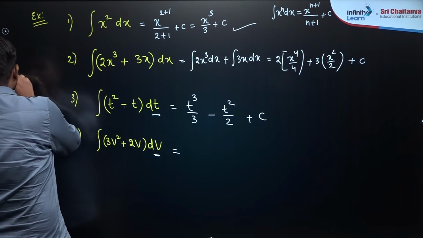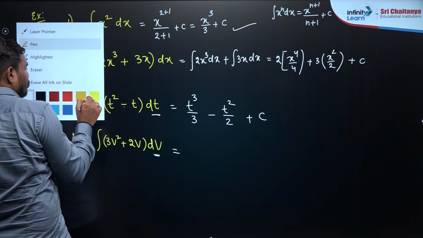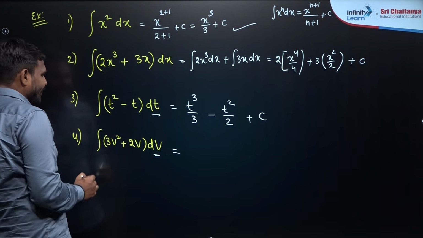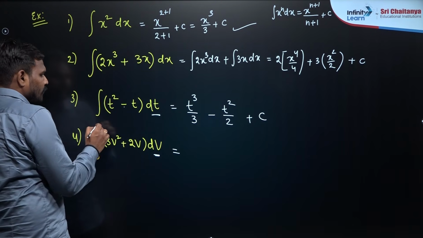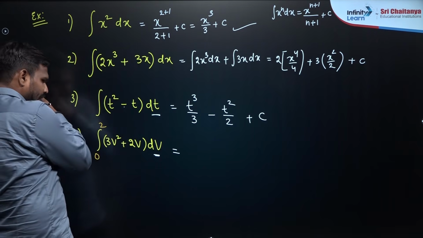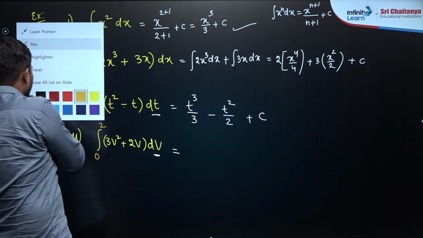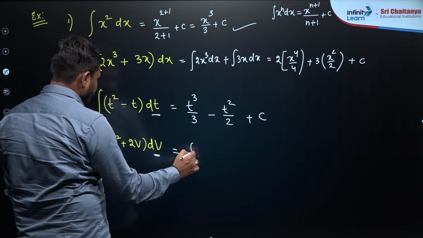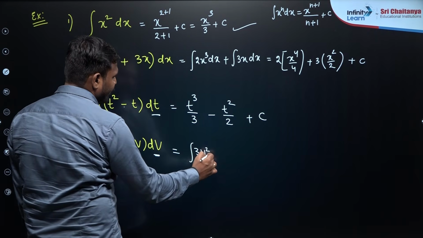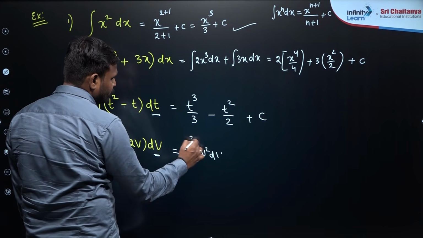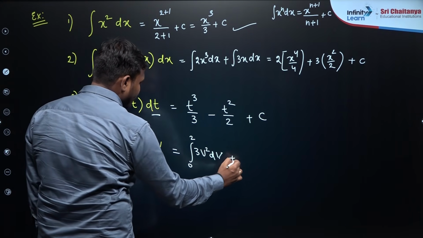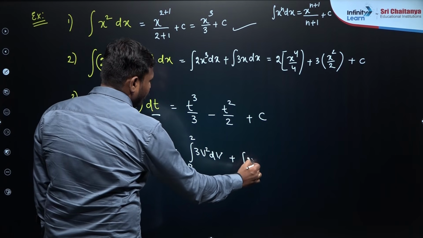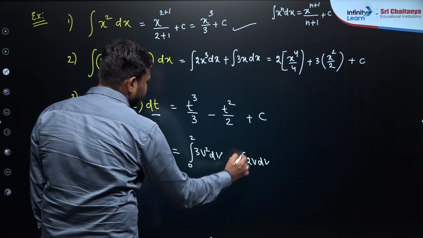Again, now let us say this is a definite integration. They have given limits from 0 to 2. They are asking us to find the integration from where to where, sir? From 0 to 2. First open the bracket, sir. Integral 3v square dv from 0 to 2 plus integral 2v dv from 0 to 2.